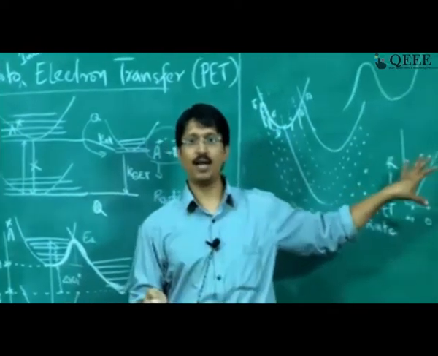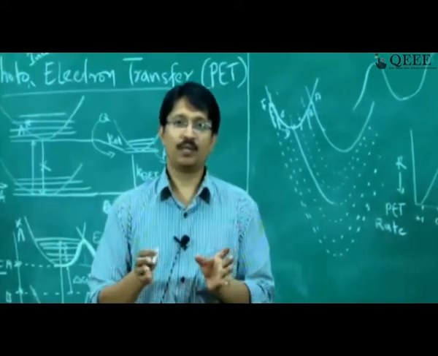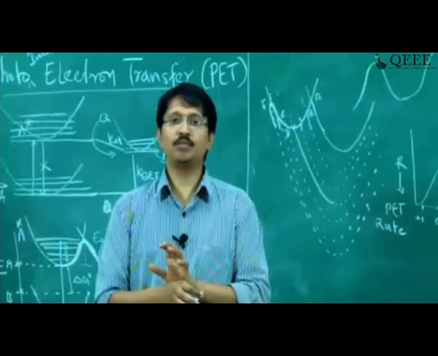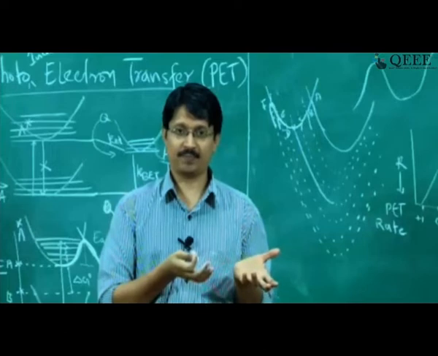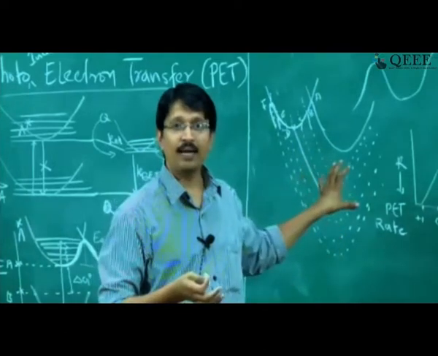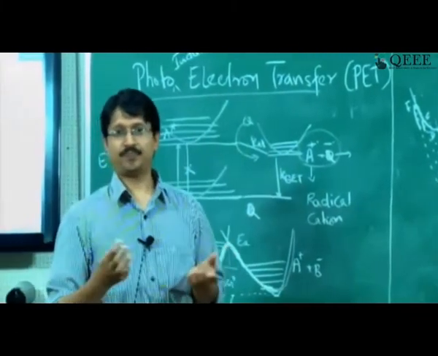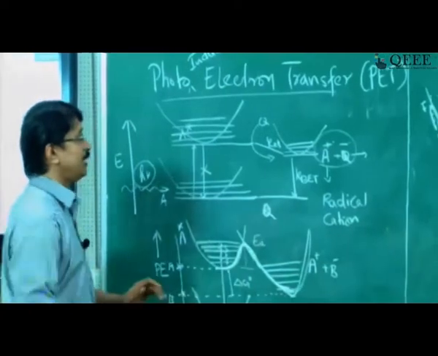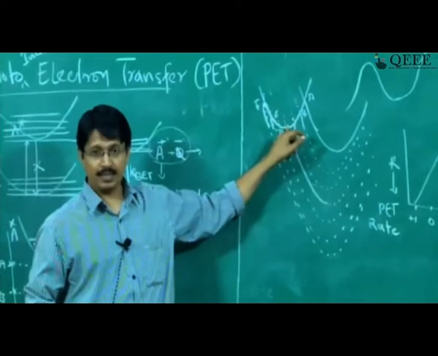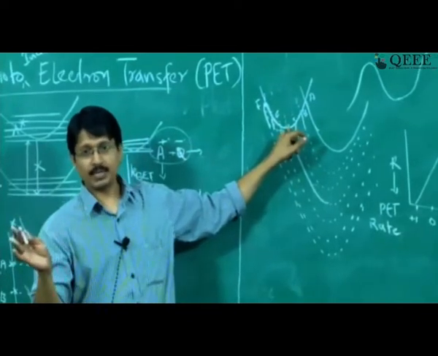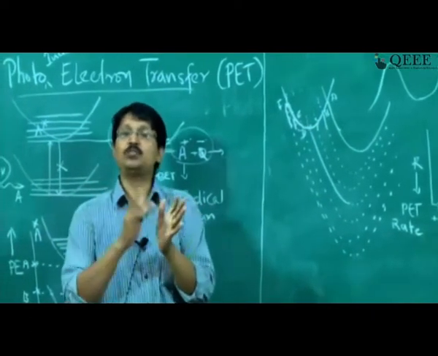So understanding the fundamental aspects of electron transfer or fluorescence quenching will basically help you to design what kind of molecular systems we need to pick for developing sensors based on this particular spectroscopic technique. So that's the reason why we went into detail. Without fundamental understanding, all the designs will be very poor. If you want to design a fluorescence based sensor which is working on a quenching mechanism, quenching will be very high when the electron transfer rate is very high.